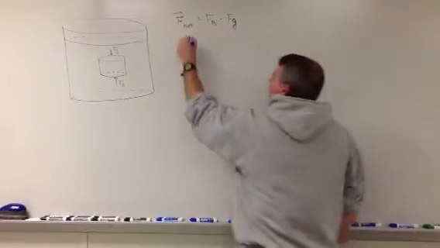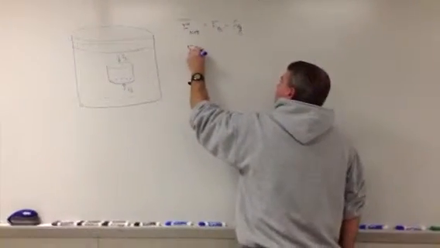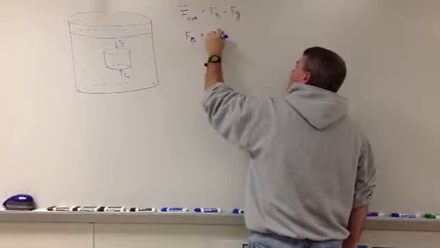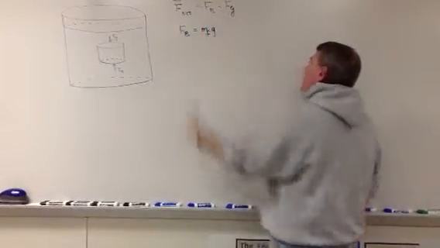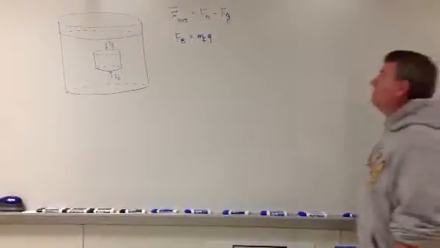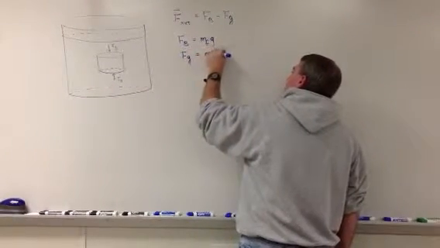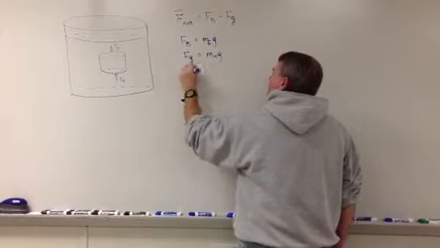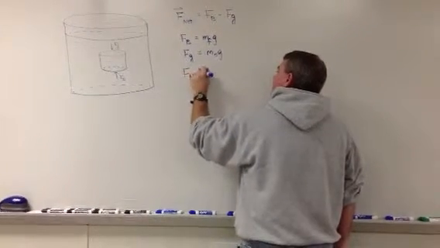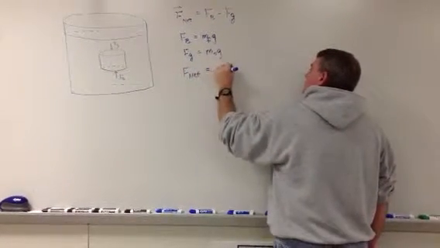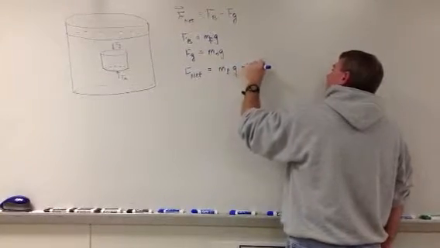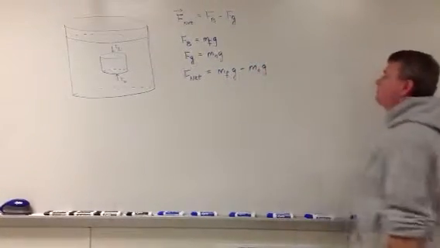Now, if we think back to Archimedes' principle, the buoyant force is equal to the weight of the displaced fluid, and that's the mass of the fluid times gravity, and the force due to gravity on the object is equal to the mass of the object times gravity. So the net force acting on the object is equal to m_f g minus m_0 g.